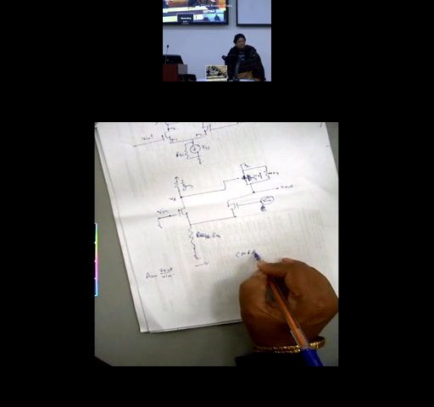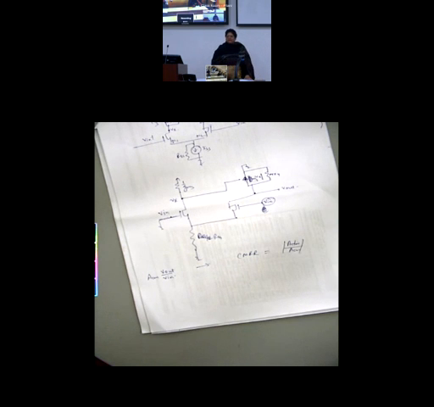So find out ACM, and once you have found ACM, find out CMRR. We have got ADM, you have got ACM, find the ratio. And try to find out the condition under which CMRR tends to infinity. What condition do you require for CMRR to tend to infinity?